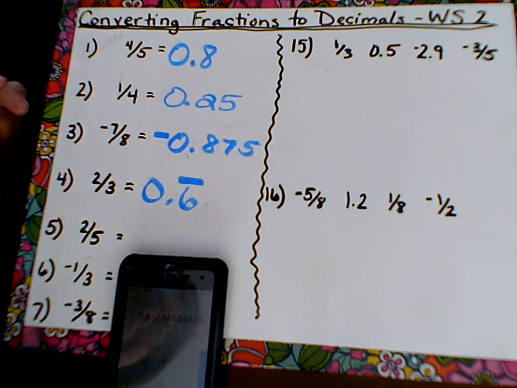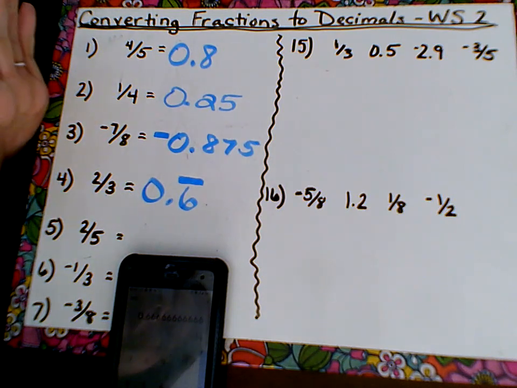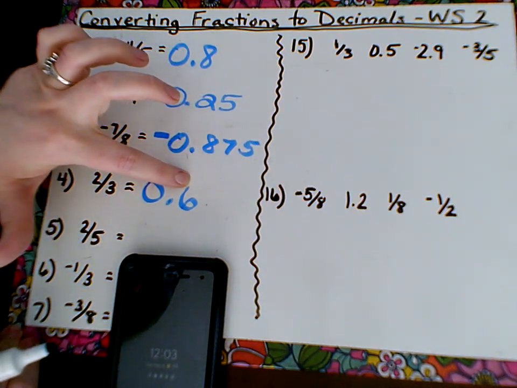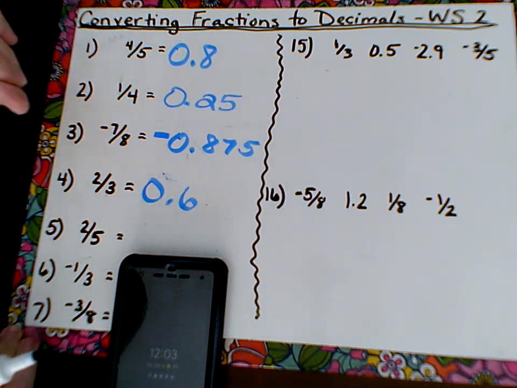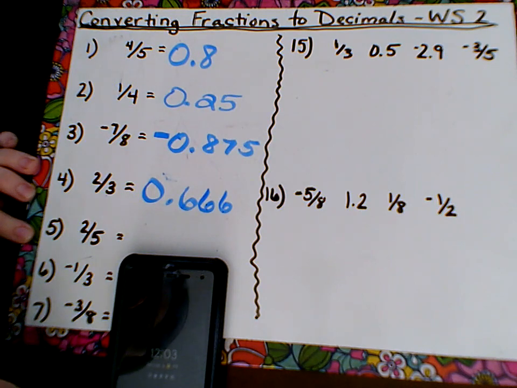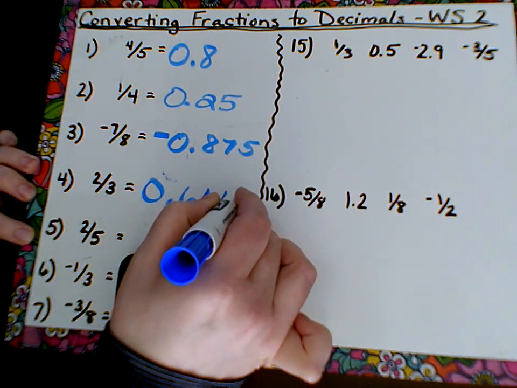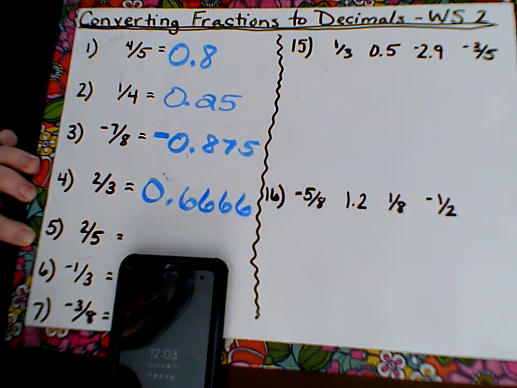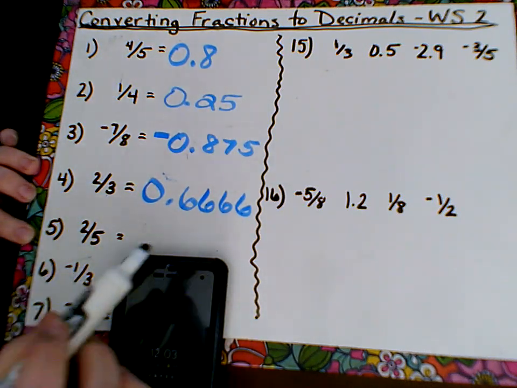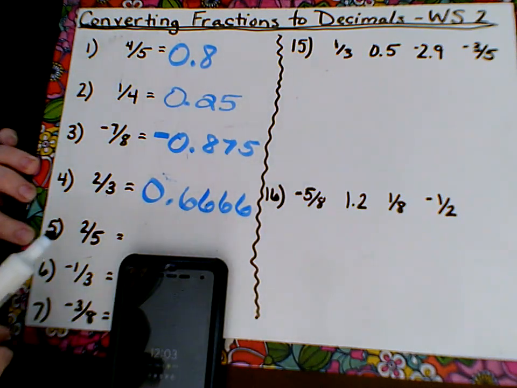Because who wants to write that out? But we can't do that in a Google Doc. So in a Google Doc, what I want you guys to do, that number that's repeating, I just want you to write it out a couple times. I'm going to put 4 simply because it's 6s. And I will understand in your homework that you're telling me this goes on forever.